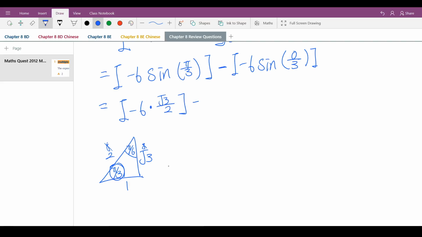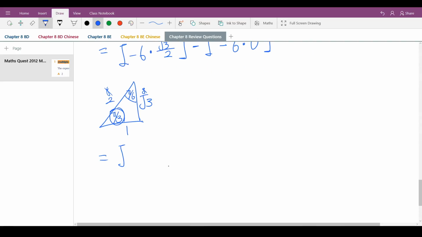Yeah, and then minus. Now -6 multiplied by sine, let's look at the inside of the bracket first. 0 divided by 3 is 0. Sine 0 is 0. So it's just like -6 times 0, which is nothing.